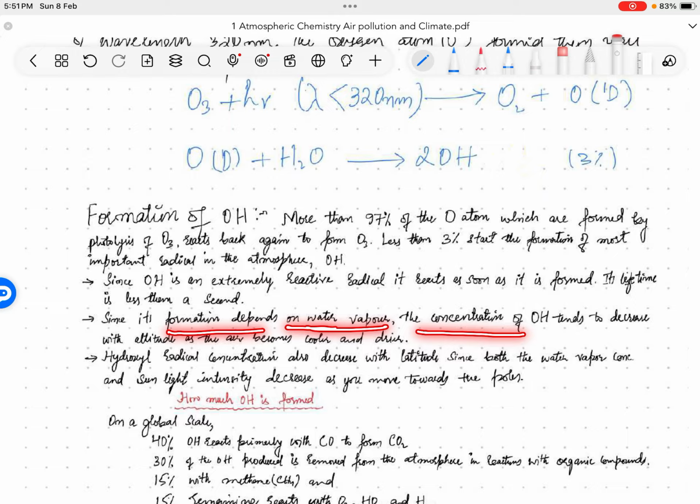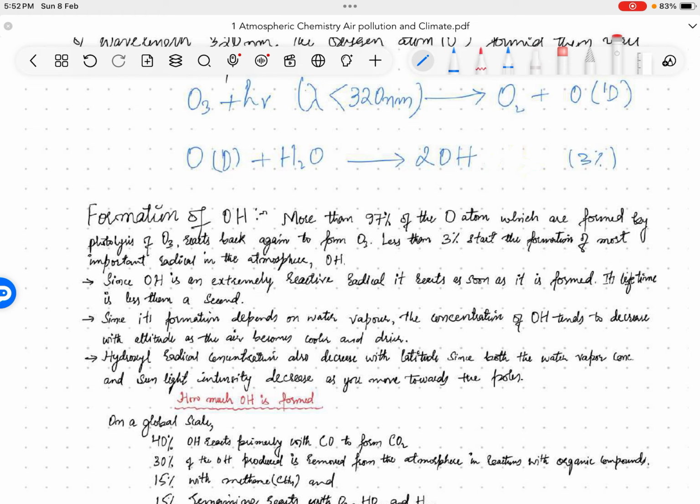The concentration of OH radical tends to decrease with altitude as the air becomes cooler and drier. What does this mean?